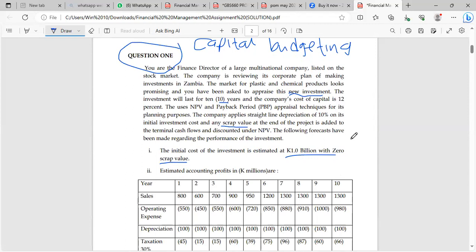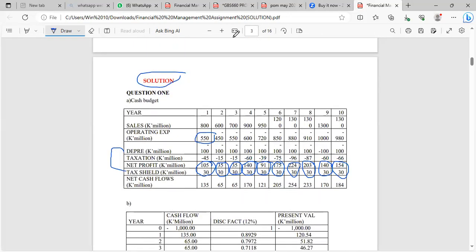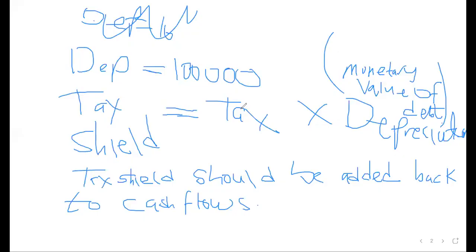All right. The cost of capital is at 12% from this given question. So in finding the present value factor, the present value interest factor is simply equal to (1 plus r) to the power negative n.